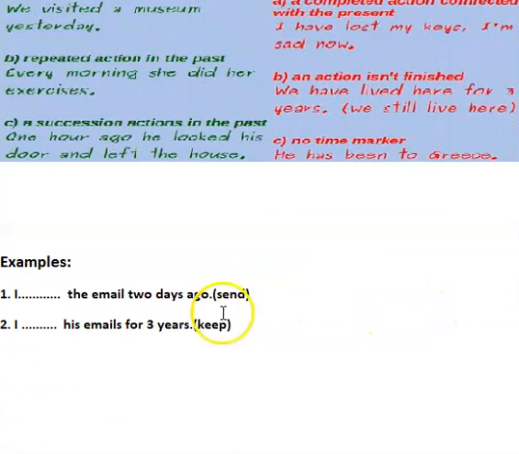Now let's take a look at these two examples before we finish talking about the present perfect. Now in the first example, I have: I, then the email 2 days ago, and then I have the verb send. Now what is the correct form of the verb here? Am I going to use the present perfect and say I have sent, or would I say I sent, verb 2?